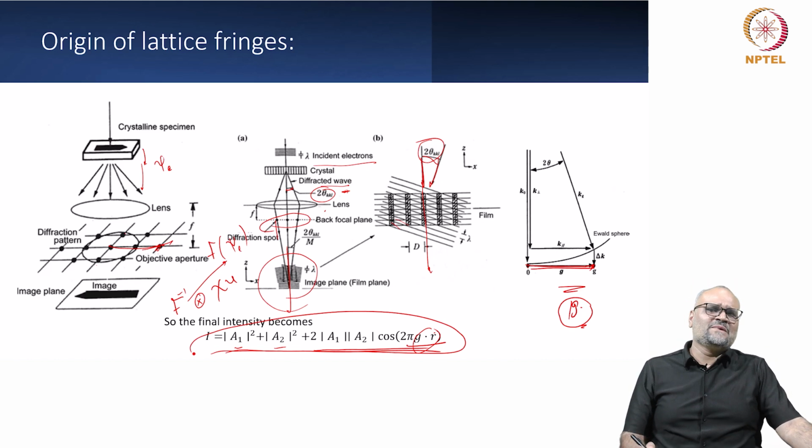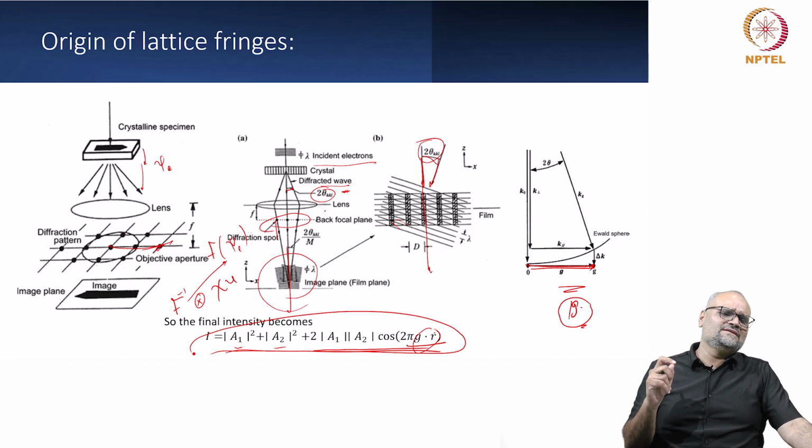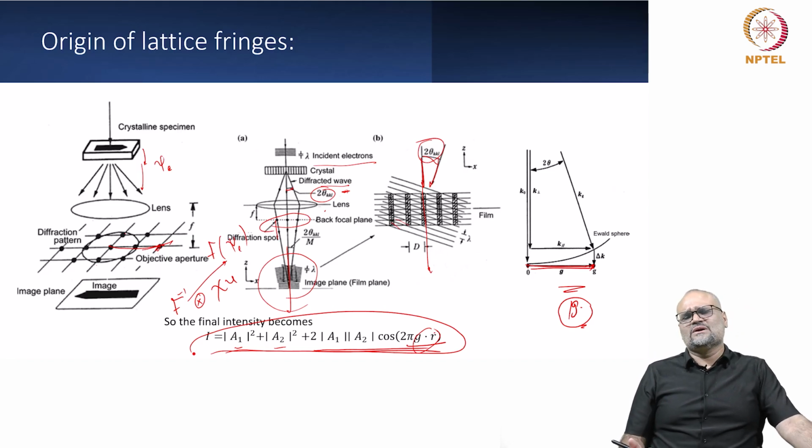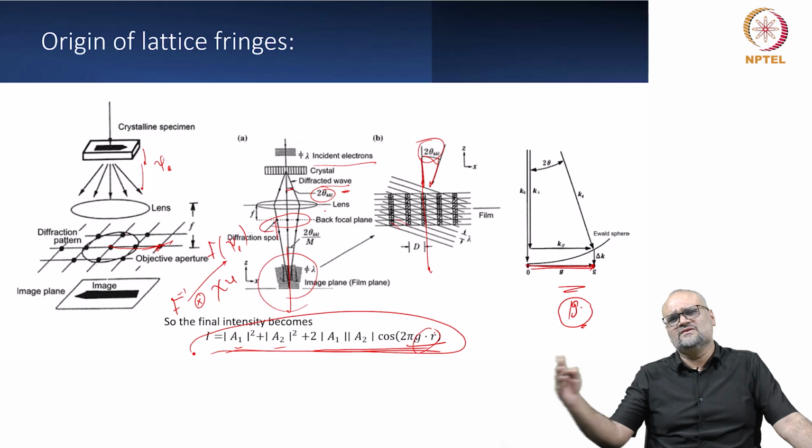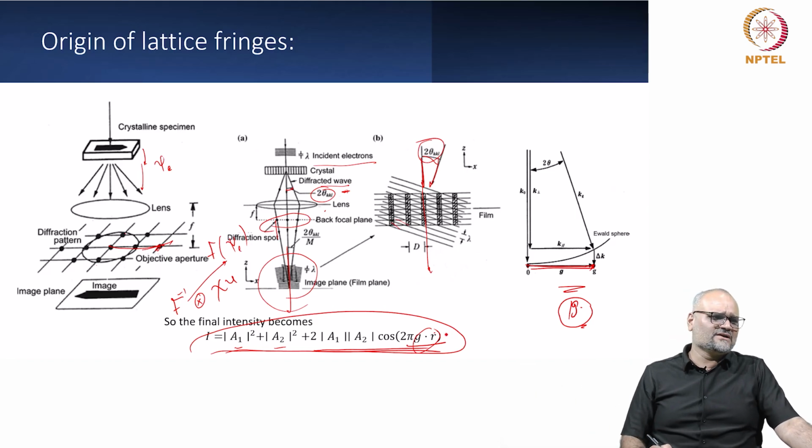The phase information you can retrieve by changing the defocus values slightly. That is what we saw in the lens aberration function, and from this you can understand how the phase also modulates the information recorded in an HREM micrograph.